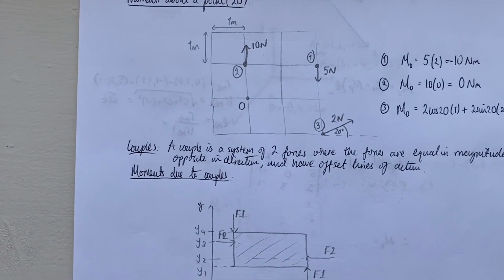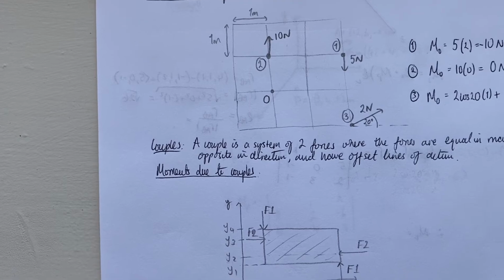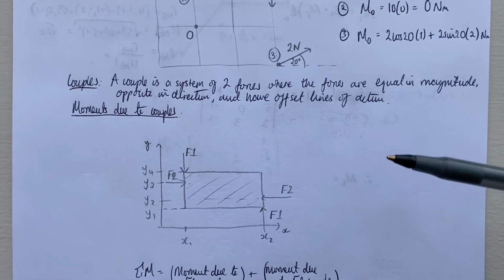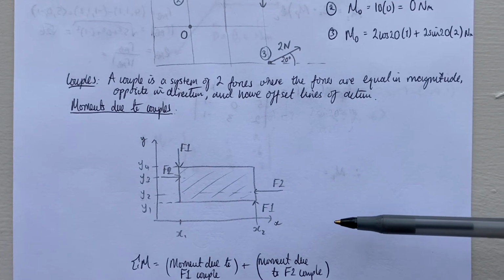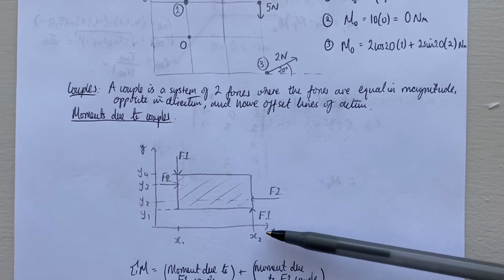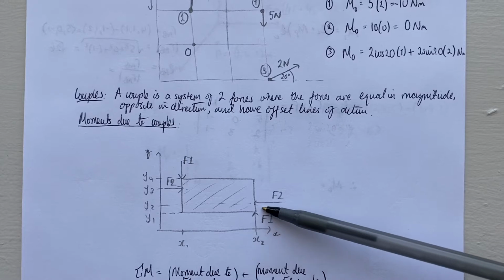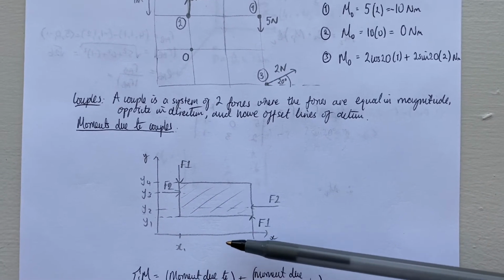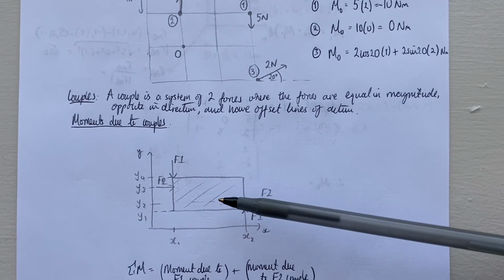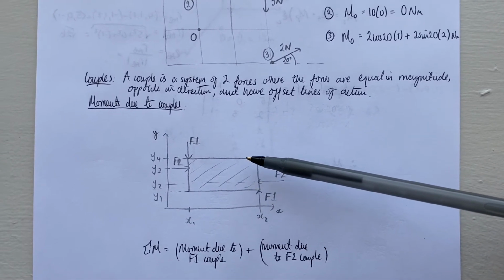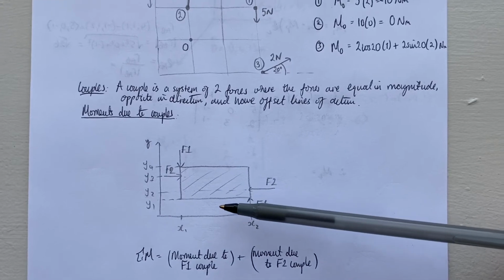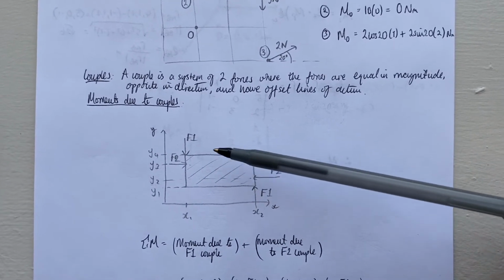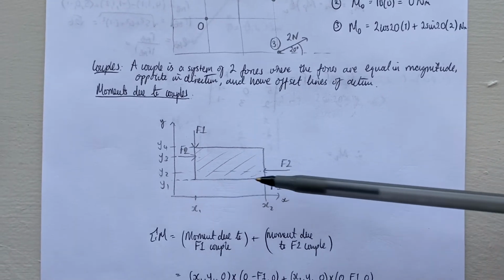So to work out the moment due to a couple, you'll recall an example similar to this from a homework problem where I asked you to work out algebraically the moment due to a couple of couples acting on an object. So the sum of the moments acting on this object due to these couples, I have an F1 couple and an F2 couple.